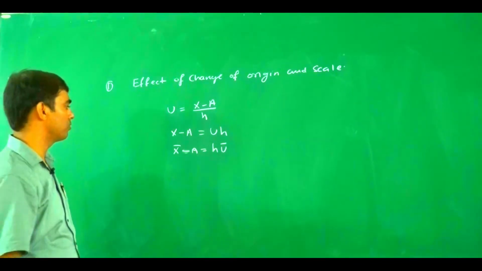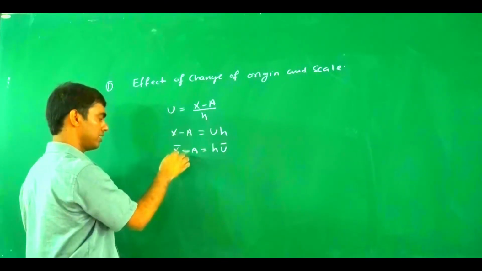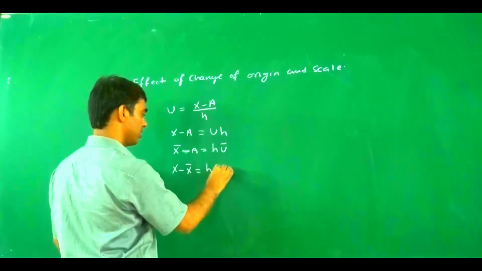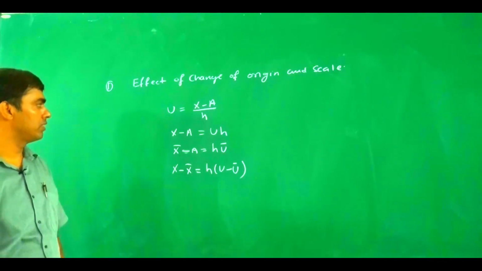And what is the value of x minus x bar? Subtracting these two, x minus x bar equal to h times u minus u bar. So we use these two results.